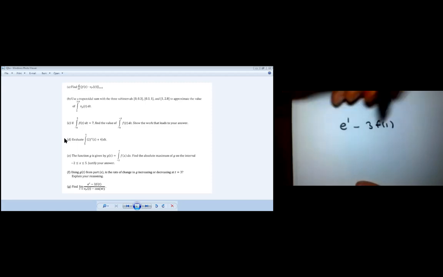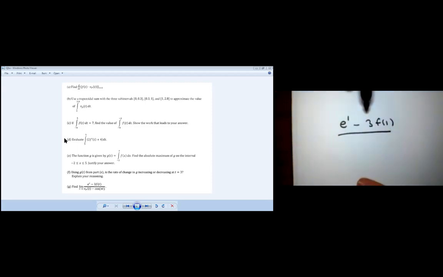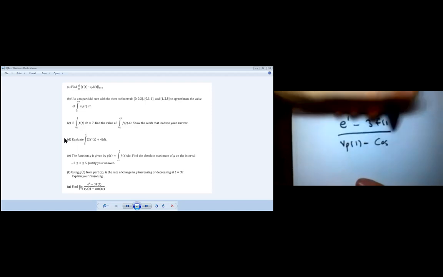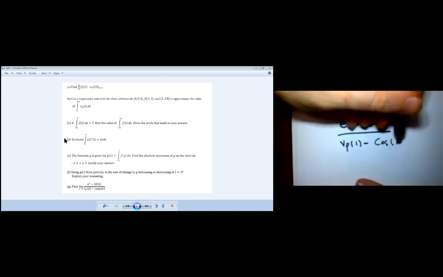All right, let's plug it in, see what we get. So that's e to the first minus 3 F of 1 over the denominator at 1, minus cosine of pi.